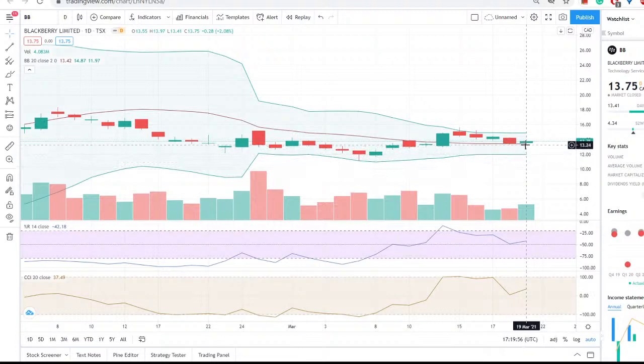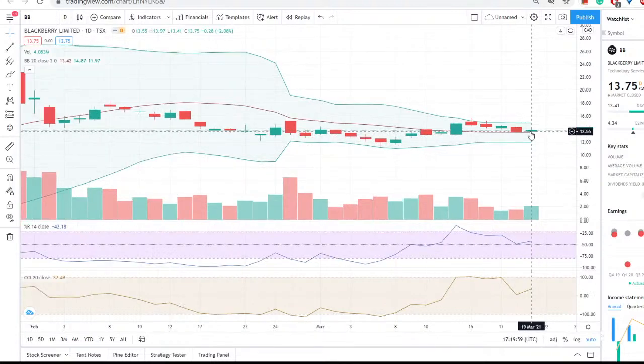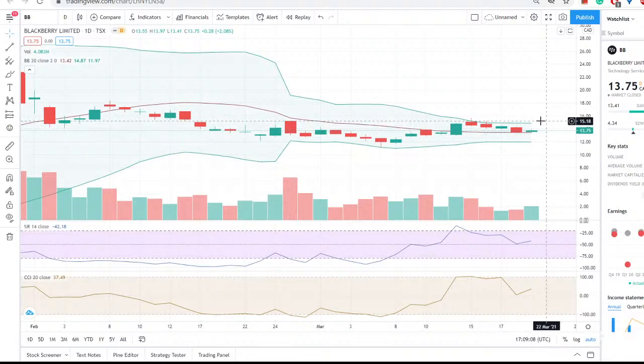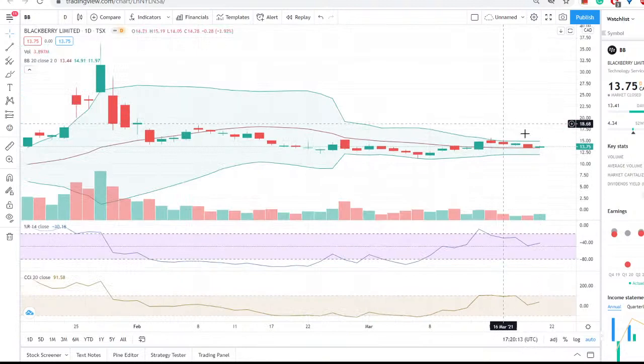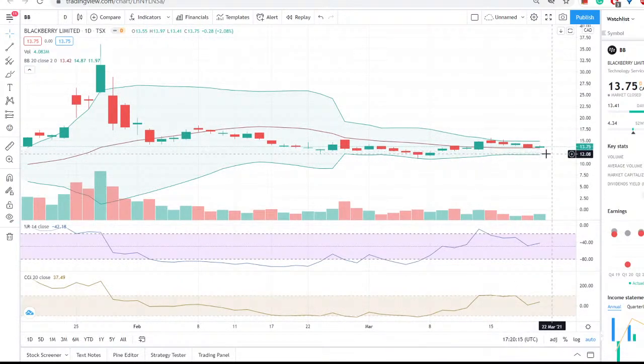For those looking to enter for the short term, they could still enter at this price of 13.45 for a small gain of $1.5. But those looking to enter for the long term, it would be better to wait for the support price at $12.